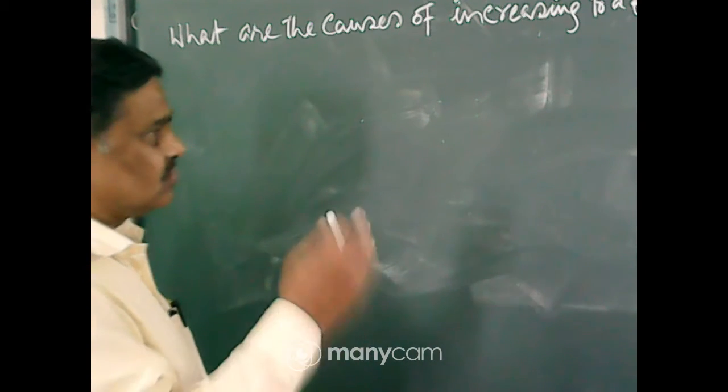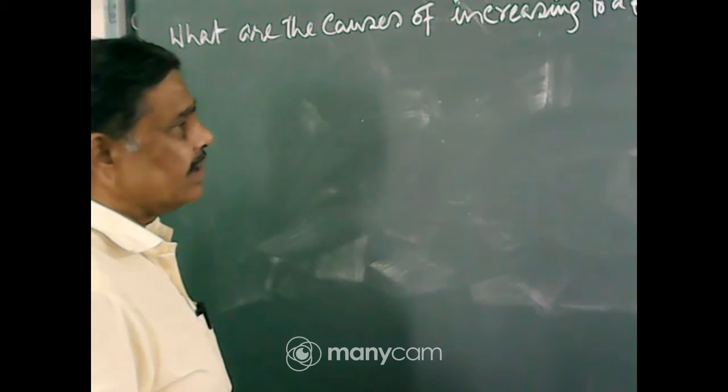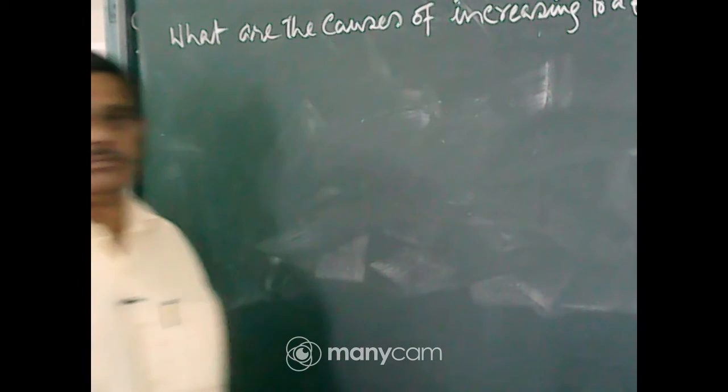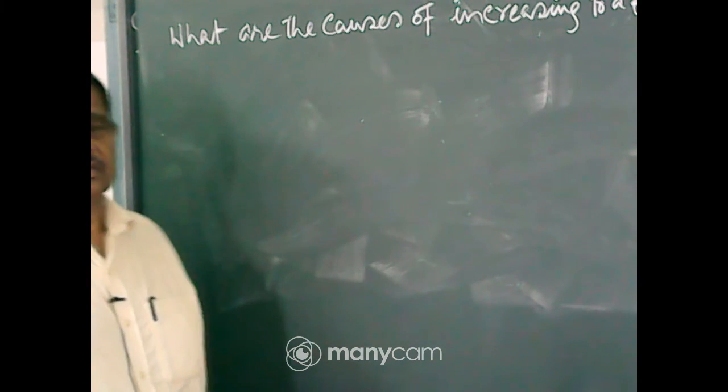In the first stage, perhaps you can remember the diagram. In the first stage, why does increasing return to a factor take place?